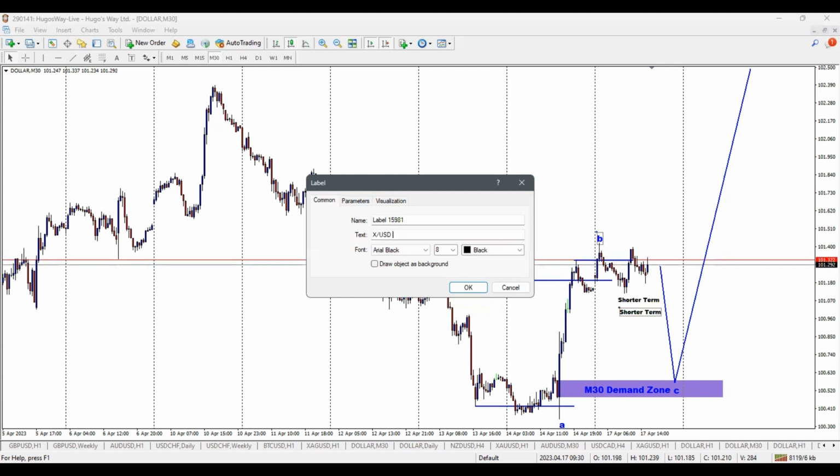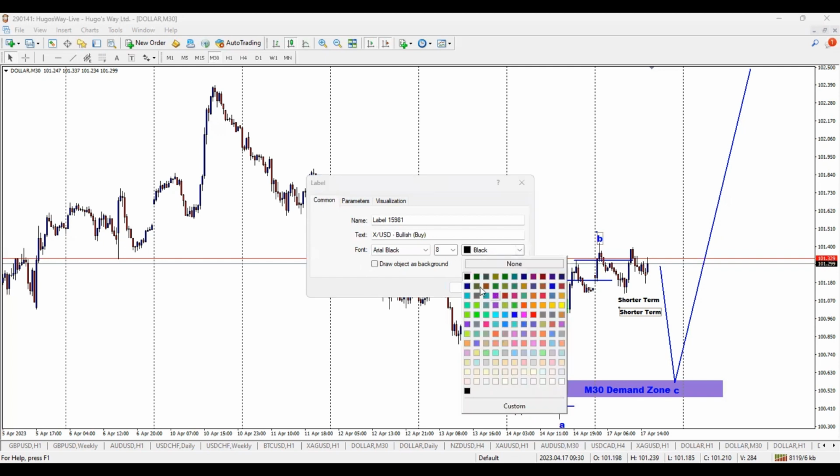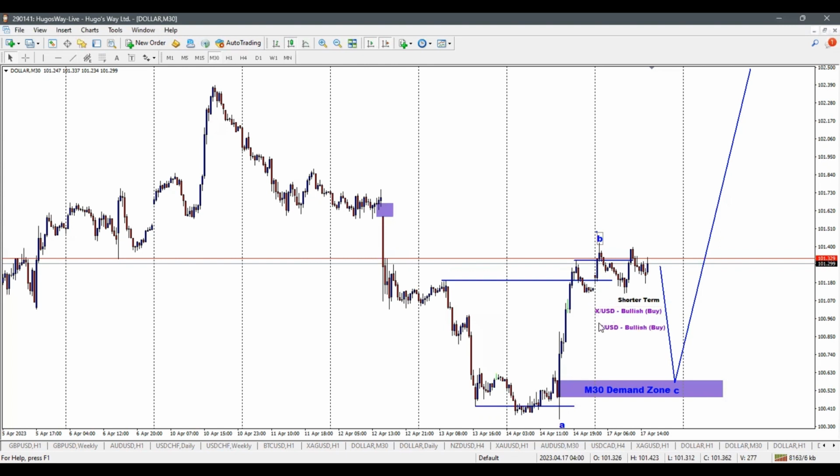So back to this. So XUSD pairs where X is the base currency in the shorter term would be right now bullish. Okay. They would be bullish, which means they will buy up or go long. Okay. Let's change this to purple again. All right.